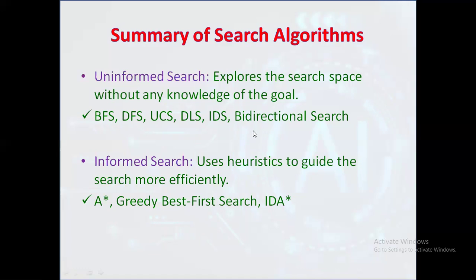That is the main drawback of uninformed search. On the other hand, informed search methods like A star, greedy best first search, and IDA star use heuristics to guide the search process, making them more efficient and optimal when the right heuristics are used. These algorithms play a critical role in AI applications such as pathfinding, decision making, and problem solving.